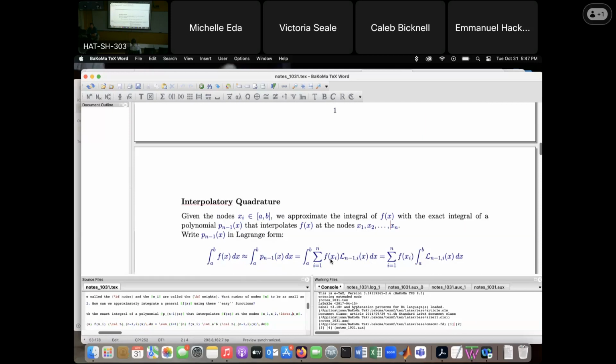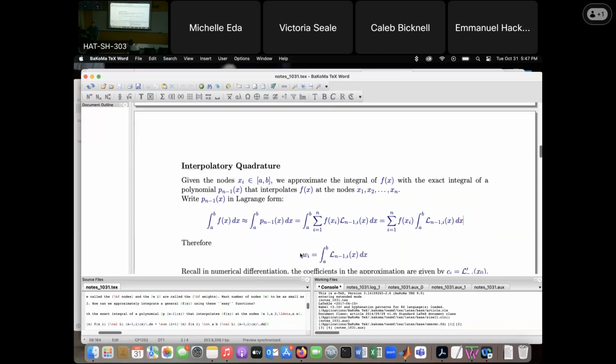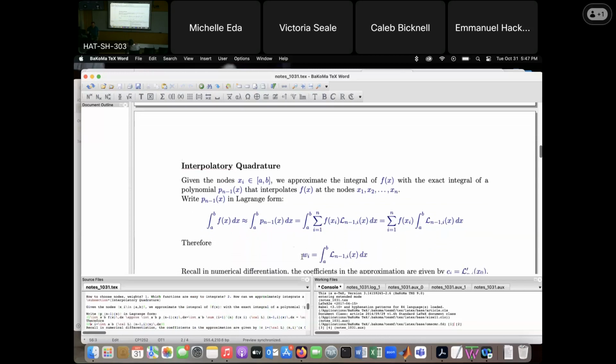We're integrating with respect to x, so any quantity that does not depend on x is a constant, so it can be pulled out of the integral. Now we have the sum of f values times these quantities here, which are the integrals of our Lagrange polynomials. So we can conclude that when you're carrying out interpolatory quadrature, the weights are just the integrals of the Lagrange polynomials.